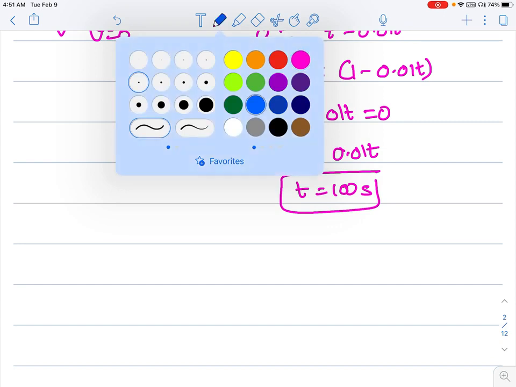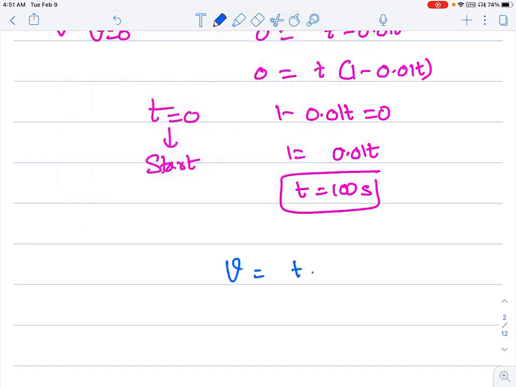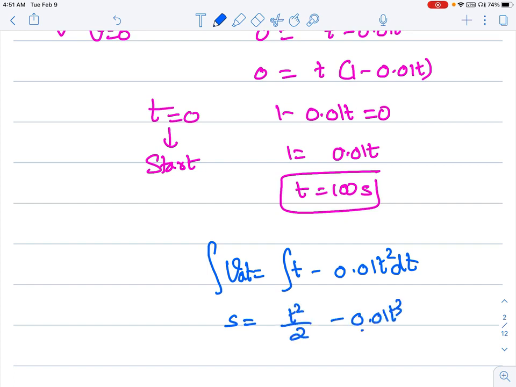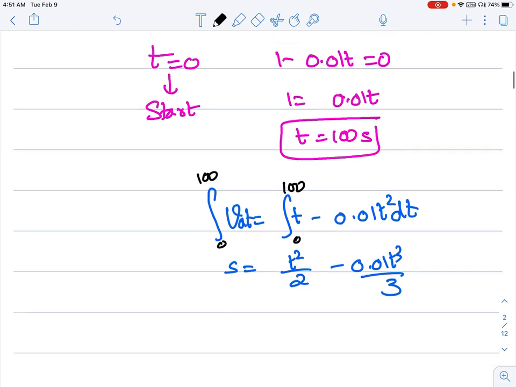So when the distance is asked and I know the velocity, I'm going to use integration. Integral of v with respect to t, integral v dt. So that becomes the distance: t squared by 2 minus 0.01 t cubed by 3. But I need to apply the limits. What are the limits? It's from 0 to 100, because it took 100 seconds.